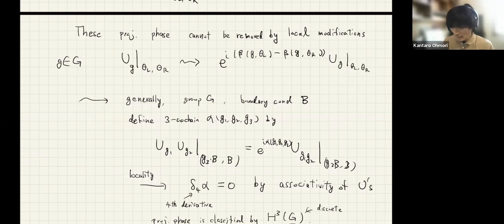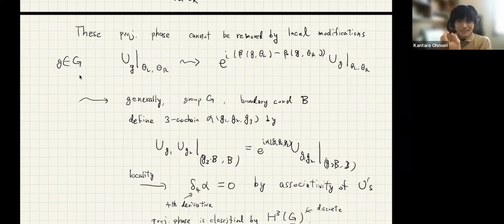But here, usually you say that H3 characterizes the violation of associativity, and I secretly exchange the violation of associativity for the violation of the multiplication law, acting between these.